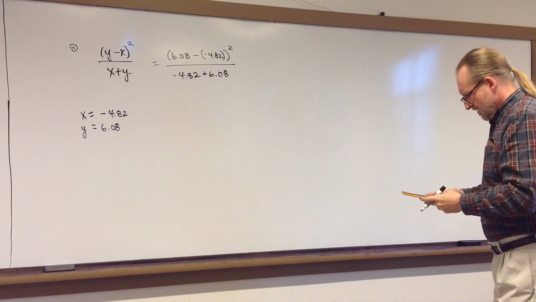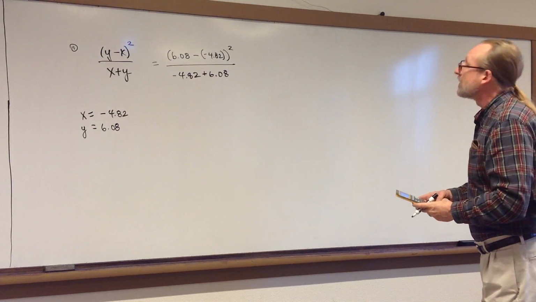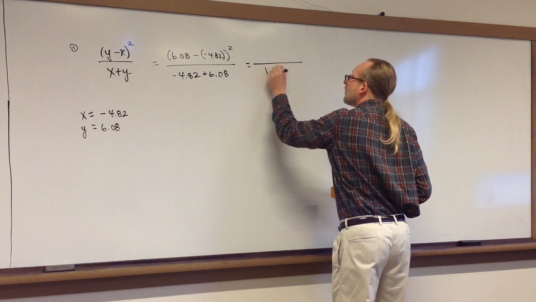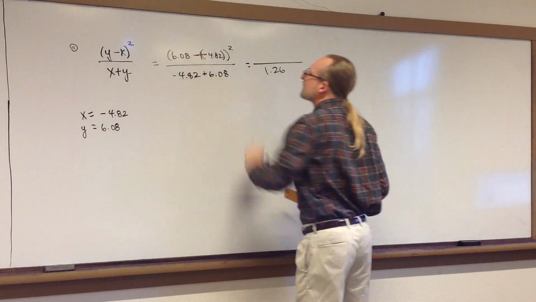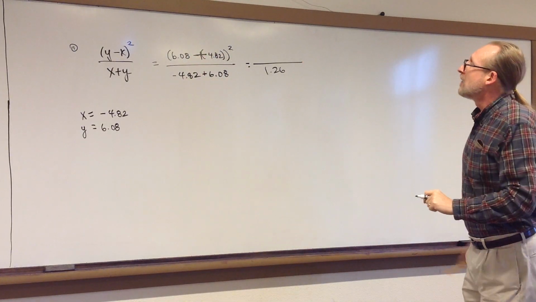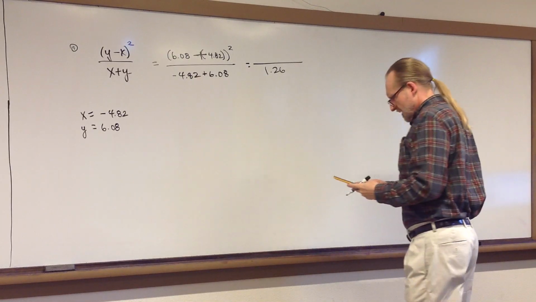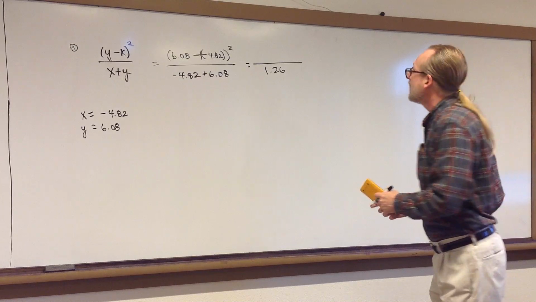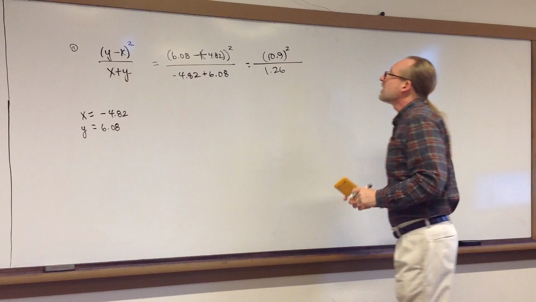Okay, well, maybe I'll do that first. Negative 4.82 plus 6.08 in the denominator. So that'll come out to be 1.26. In the numerator, inside the parentheses, that negative and negative will make a positive, and then I believe that'll be 10.9. Let me double check that. Yeah, 10.9, and don't forget that squared.